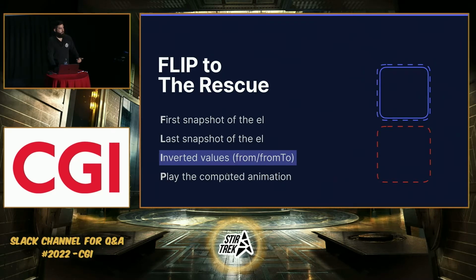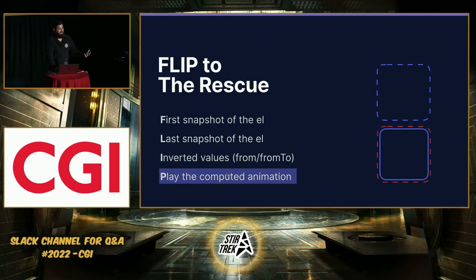Once we have that web animation and we know the path that it's going to take, we simply play it and we make it seem like this element was always going to transition. It's a really nice little hack to do animations when you're just not quite sure how things are going to work out. The math for it is not complex. It's basic addition and subtraction. Sometimes you can get division in there if you want to make your animation spicy, but you don't really need to worry about that.